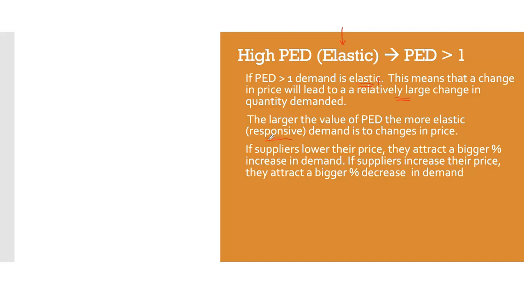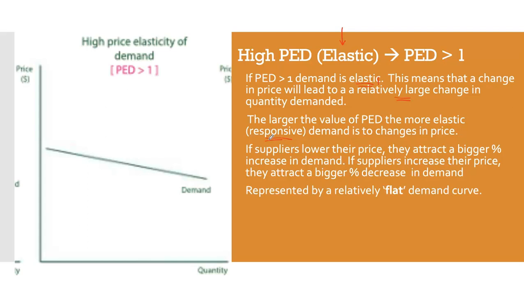If suppliers increase their price, they will attract a bigger percentage decrease in demand. So you might almost intuitively start to go, price elasticity of demand greater than 1 might have potential benefits of suppliers lowering their price to maximize profit.